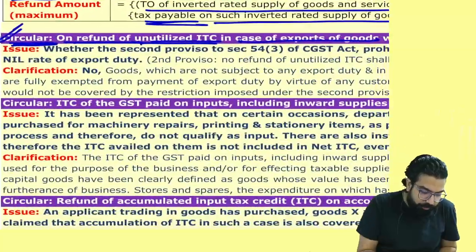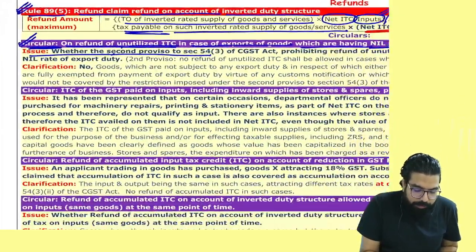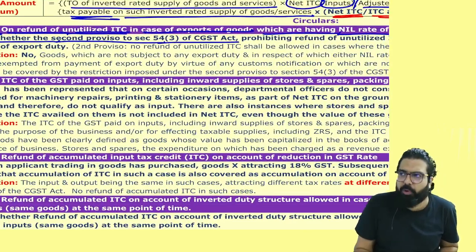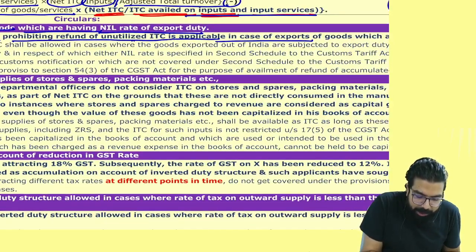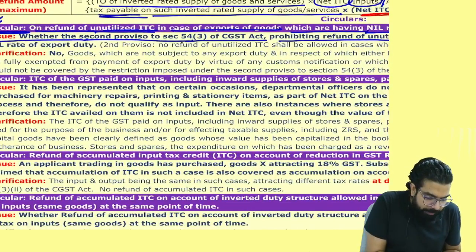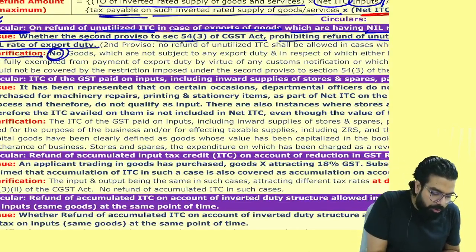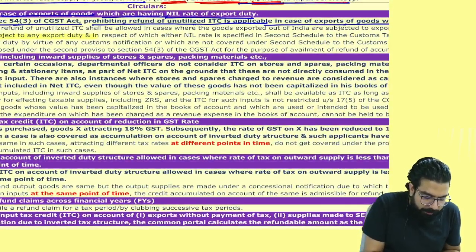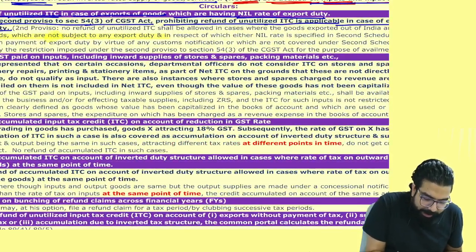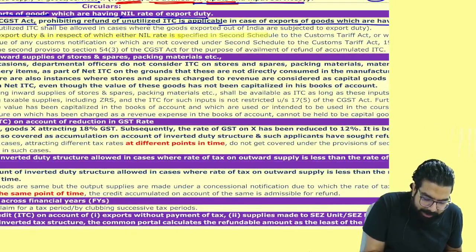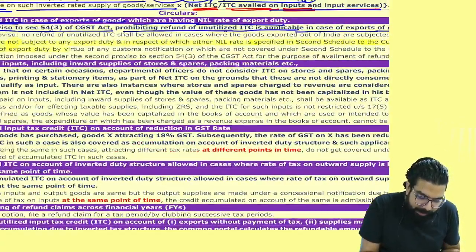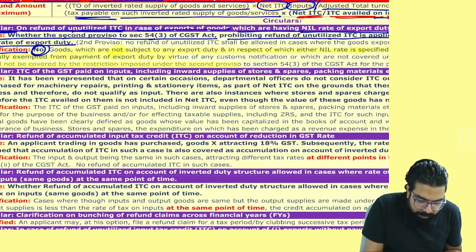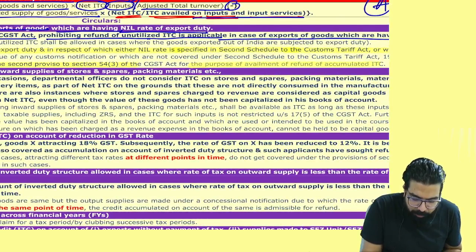Whether the second proviso to section 54(3), which I taught you, prohibiting refund of unutilized ITC is applicable in case of export having nil rate of tax. In the case of nil rate of tax, they are telling no. Goods which are not subject to any export duty, in respect of which either nil rate is specified in the second schedule or which are fully exempted, would not be covered under the restriction and would be entitled to what, everyone?